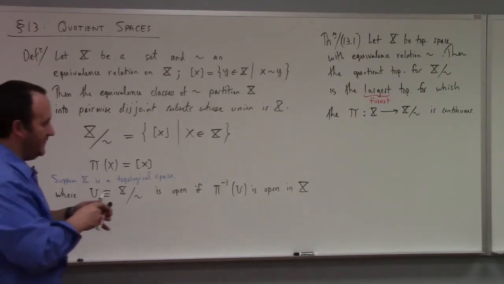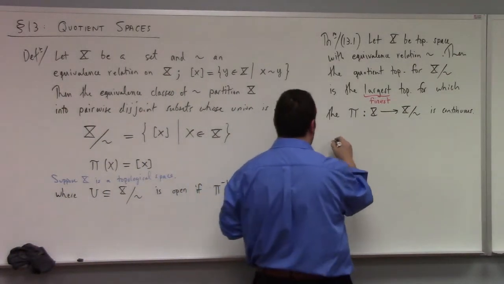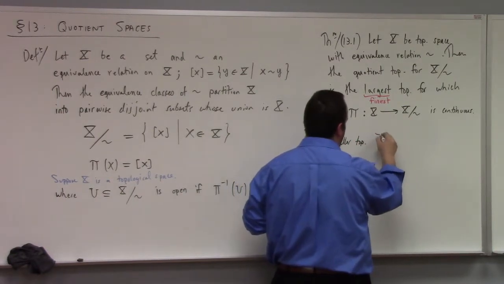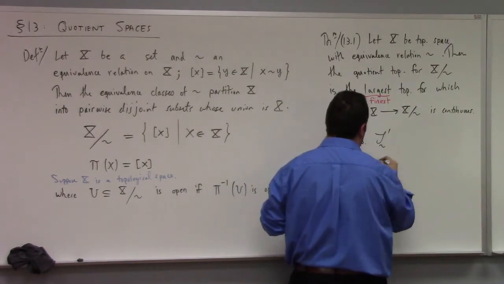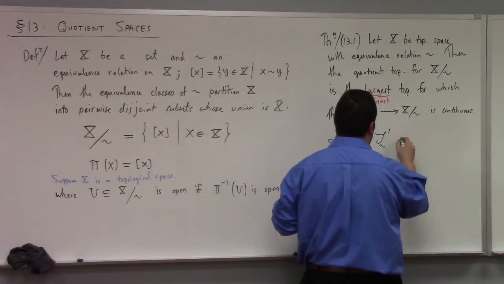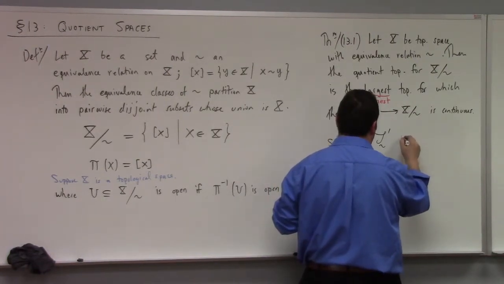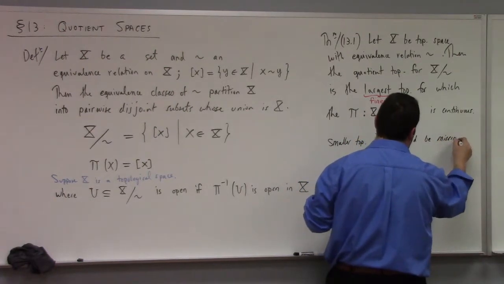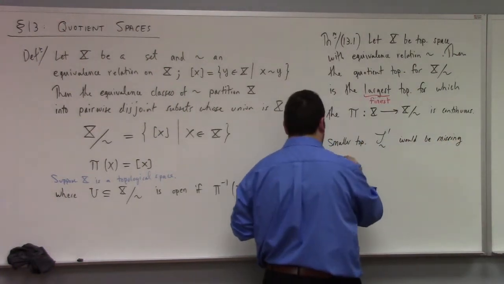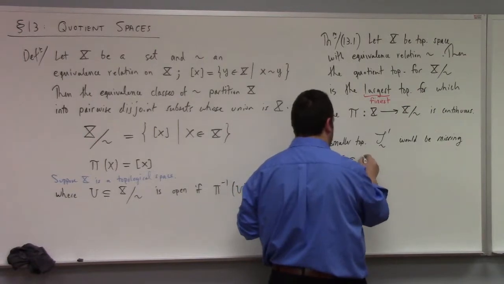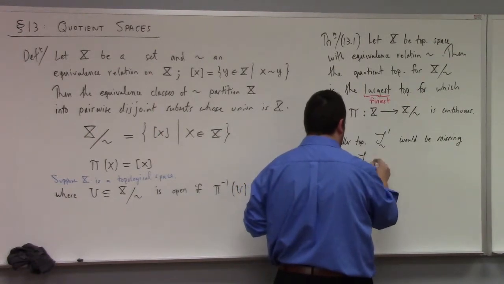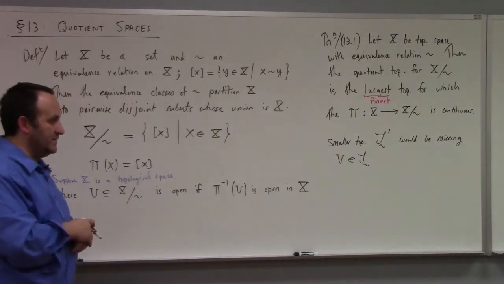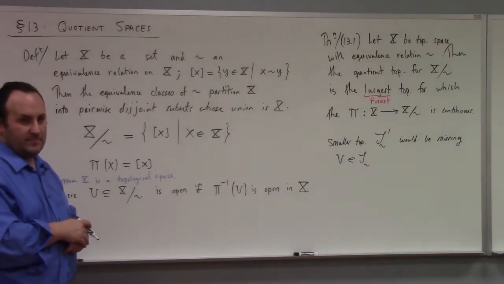If we had somehow a smaller topology, let's say tau tilde prime, so that would be missing, let's say V, which is an element of the topology in the usual, I'm using tau sub tilde for the usual quotient topology, right?